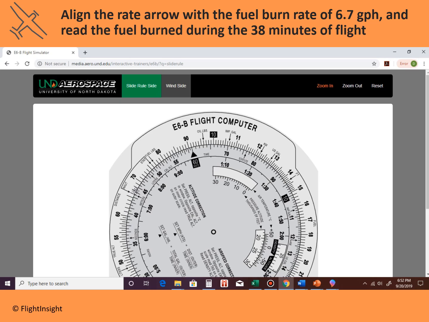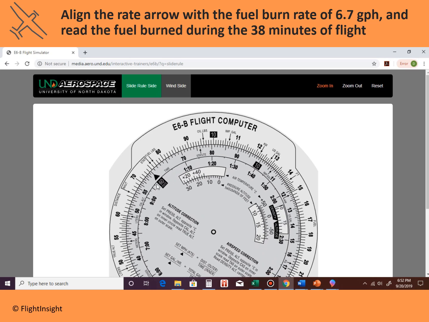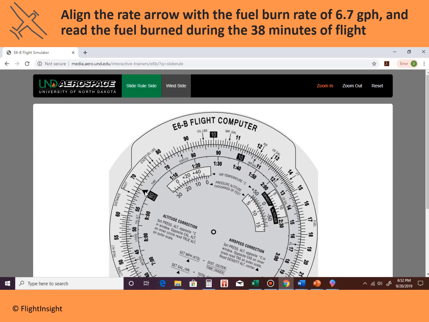So I want to align my rate arrow with that 6.7. So if I bring that right, and again, I got to be careful with the pixel here and make sure I nail it. Or maybe I don't need to be too much of a perfectionist here, right? Anyways, so there's 6.7 right there.